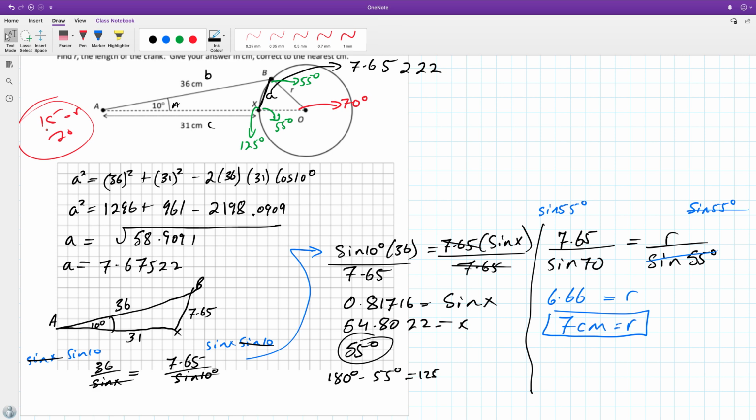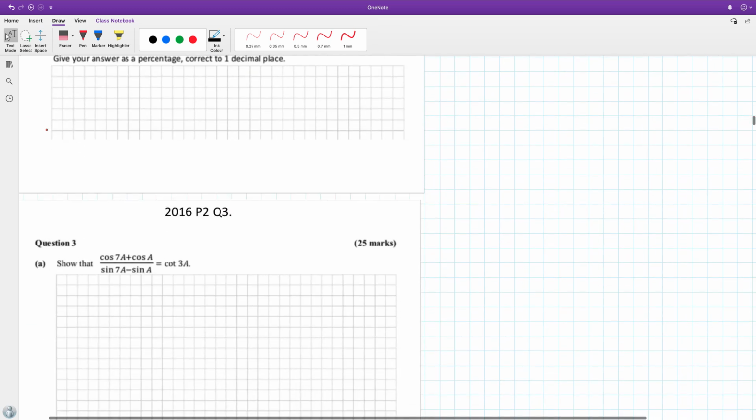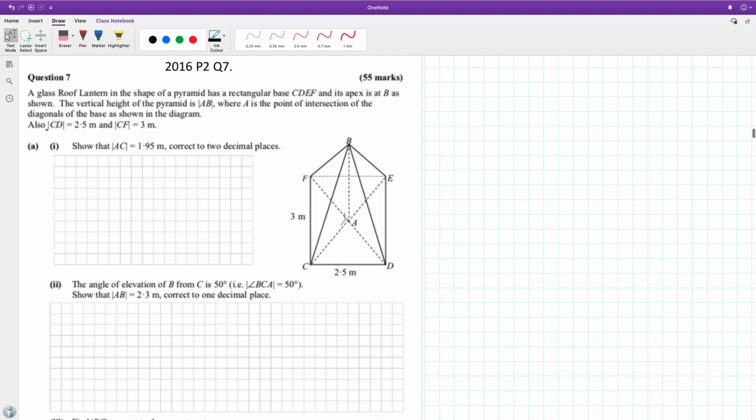Is that alright? Right, let's look at another type of 3D diagram just before we go. Off we go with the first two bits, and we'll finish off in 6-7 minutes. We're starting a bit late.